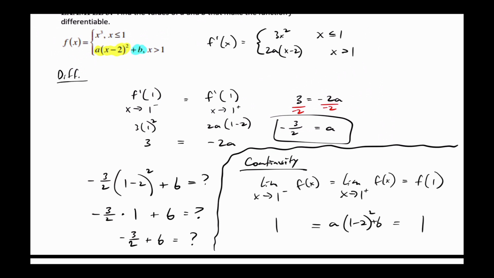And then here I'll also get 1. So this will be a plus b equals 1, because negative 1 squared is 1, times a is a, plus b.